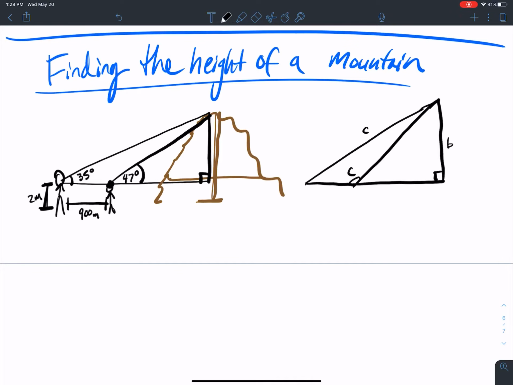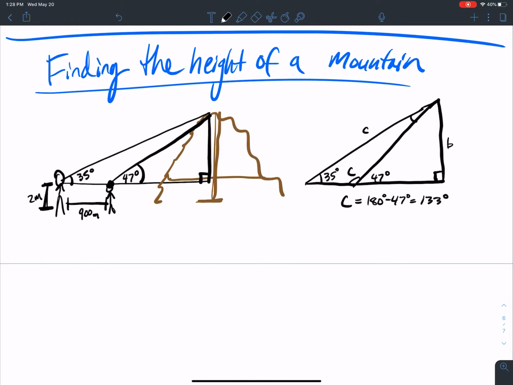So this is angle big C. This angle here is 35 degrees. This angle here is 47 degrees. What do I know about a straight angle? It's 180 degrees. So that means angle C is 180 minus 47, which is 133 degrees.